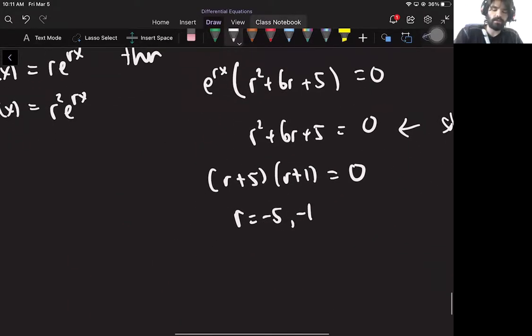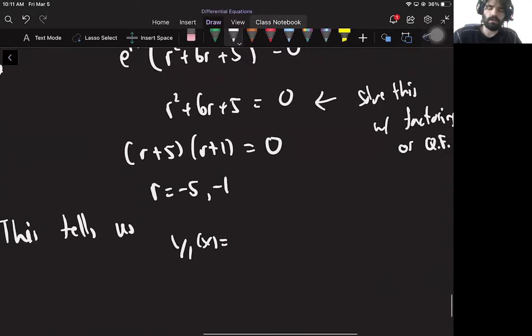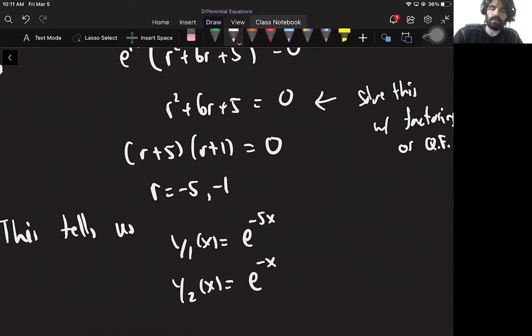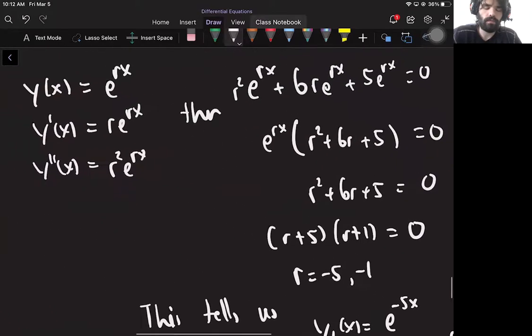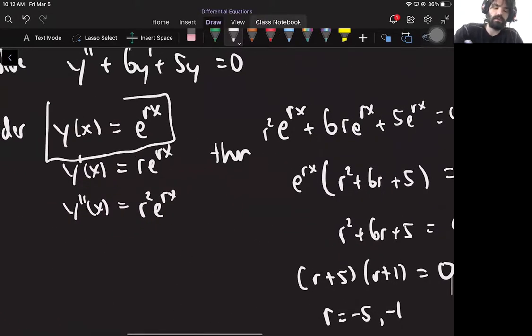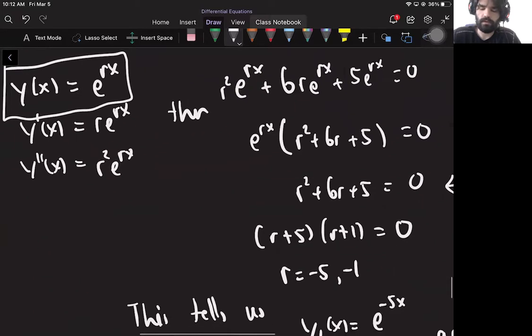So then this tells us that y1 of x is, so one solution is e to the negative 5x, and another solution is e to the negative x. So all I'm doing is putting in r for the function here to get 2 solutions, for 2 different values of r.